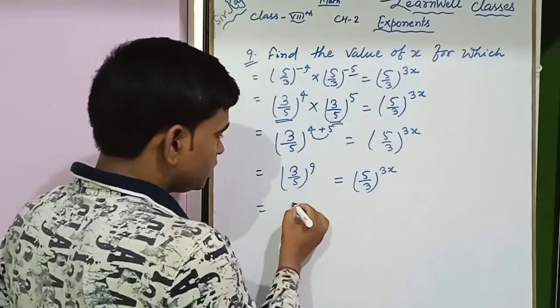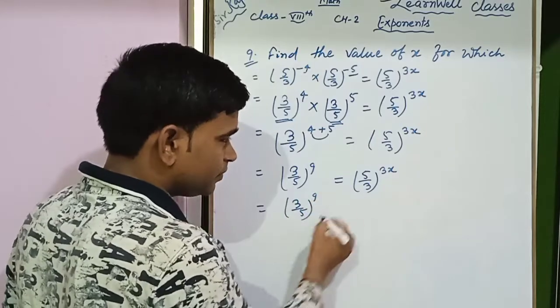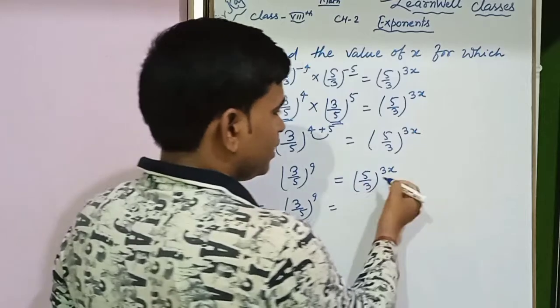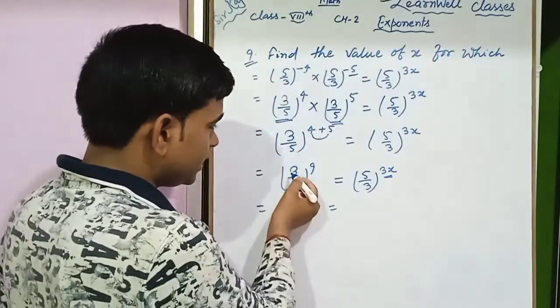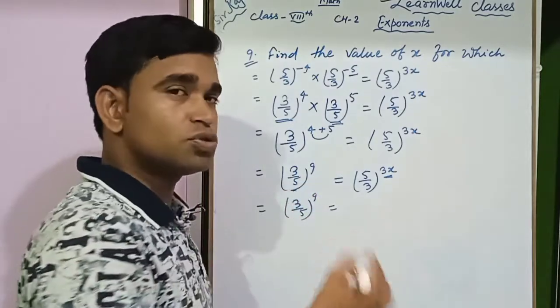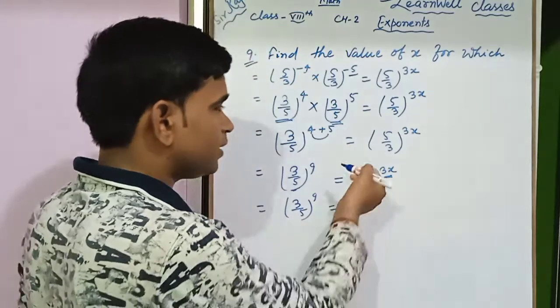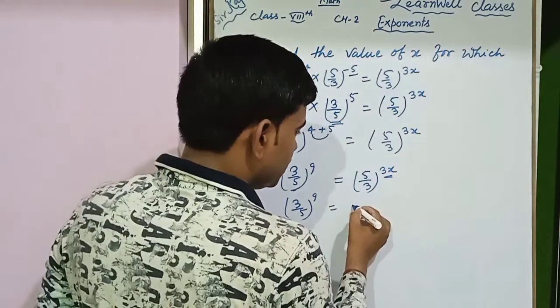Next, 3 upon 5 raised to the power 9, and here 5 upon 3, but here 3 upon 5. When the base goes to the equal form, it will be changed in the exponent.